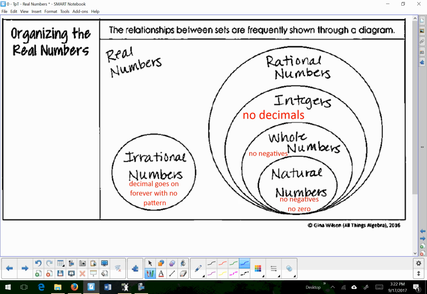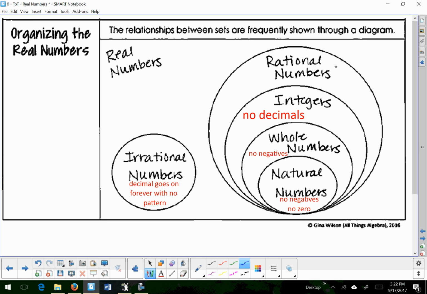So here are your specifics. Every fraction is rational. Any fraction with a decimal of 0.0 is an integer, right? The ones with the 0.0s are integers. All of those groups, which have no negative signs, are also in the whole number group. And everything except 0 that's a whole number can come down into this natural group.